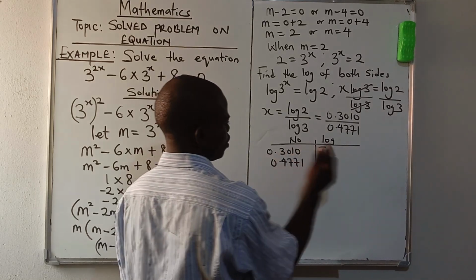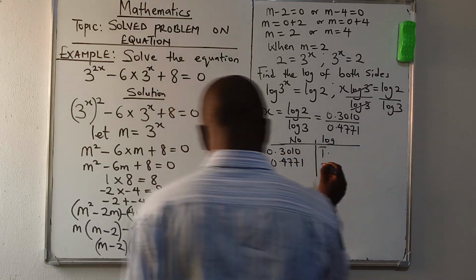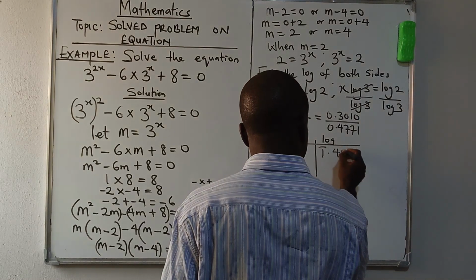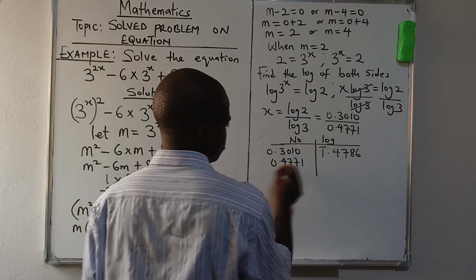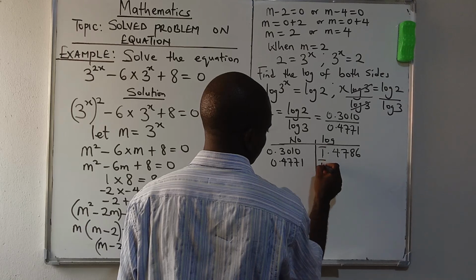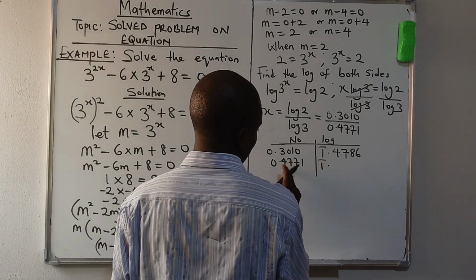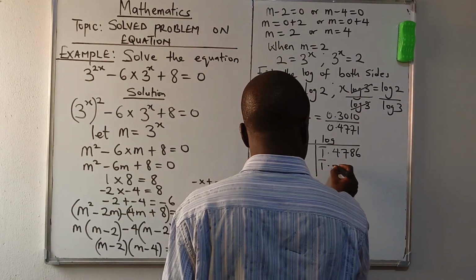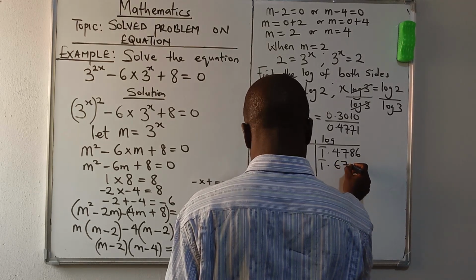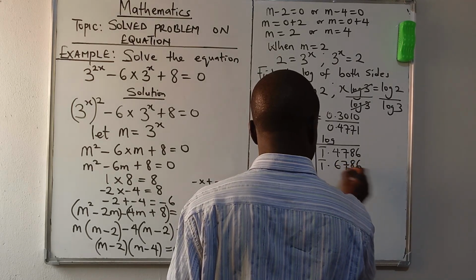Check 30 under 1, difference of 0. You have 4, 7, 8, 6. The same thing, shift once so that you have bar 1. Now check 47 under 7, differences of 1. You have 6, 7, 8, 6.